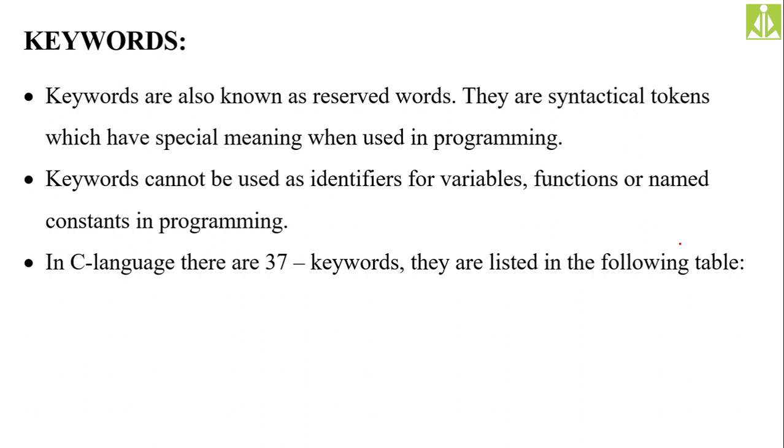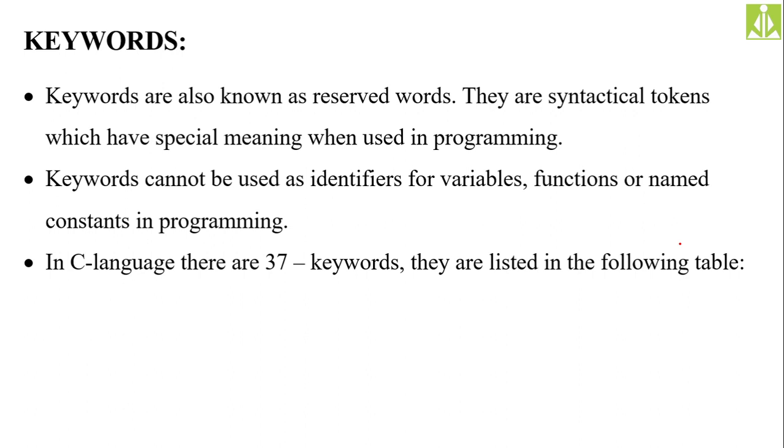In that same way, in C language also we have some fixed, reserved words. They have some fixed meaning in C, and because they have a fixed meaning, we can't use these keywords as identifiers. Identifiers will be random names, but keywords are fixed, reserved, and have a special meaning.